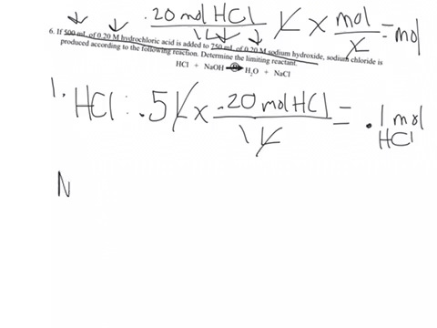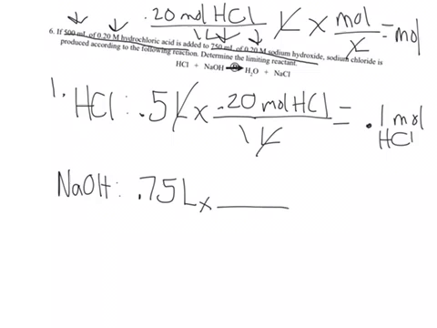Our second reactant is sodium hydroxide. We need to take what's given to us for sodium hydroxide and convert it to moles. Again, because we are given volume and molarity, we're going to multiply those together to get moles. We're going to take our volume and make sure it is in liters, 0.75 liters, because it's 750 milliliters.